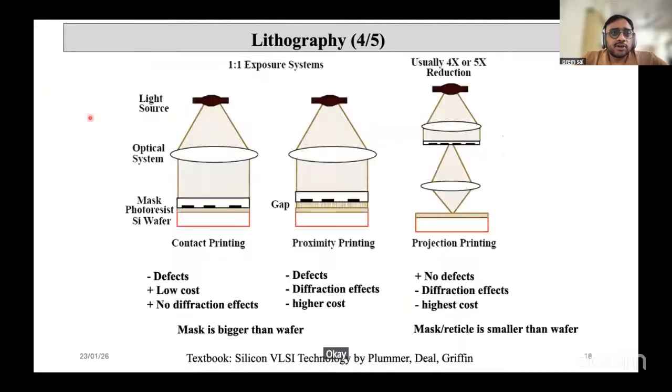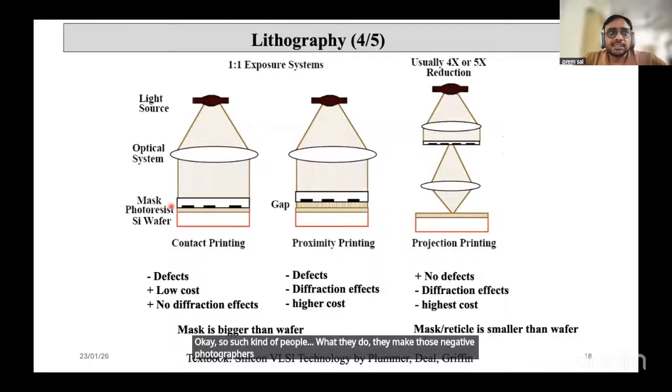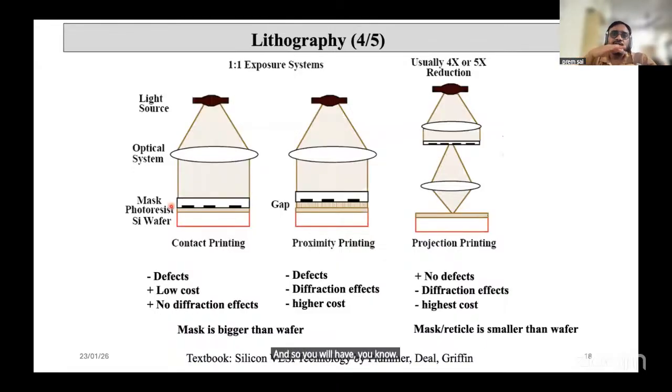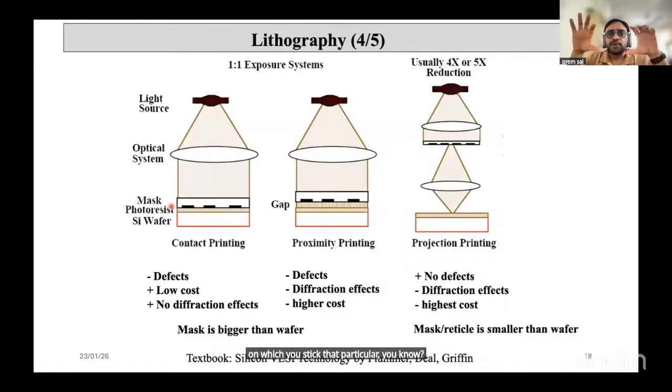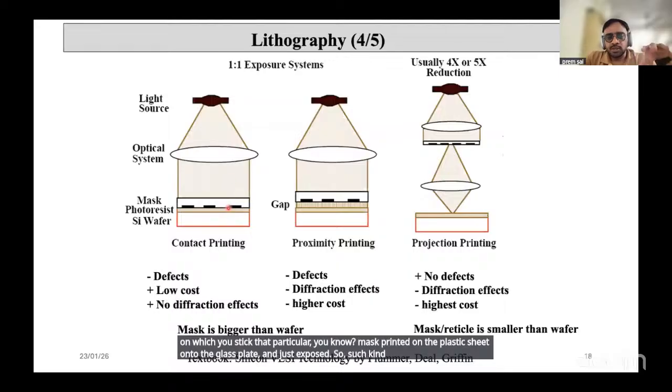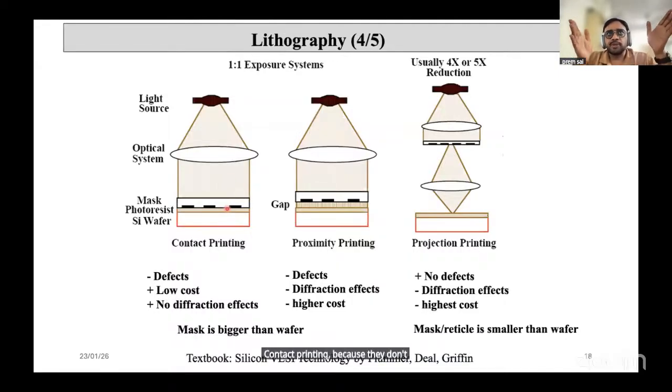Such people make those negative photoresists and put glass on top. They have the ink-printed plastic sheet, so you have the wafer, and you stick the mask printed on the plastic sheet onto the glass plate and just expose. Such people use this contact printing because they don't care about sharpness, they just need some channel, and it is less expensive.